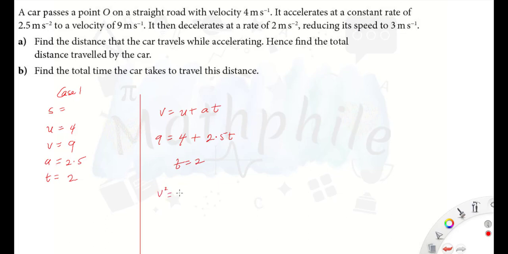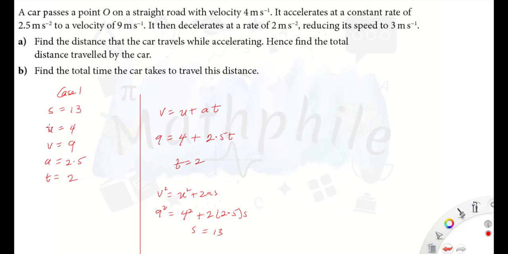So v, 9 squared, is equal to u squared, 4 squared, plus 2 times the acceleration, which was 2.5, times the displacement. So do the manipulations for me. This should be 9 squared minus 4 squared. Equal to 13. Okay, so that is case one. We're done with case one. We filled the SUVAT over there, so you don't have any problem. Let's go to case two.